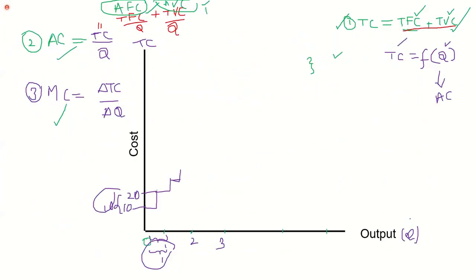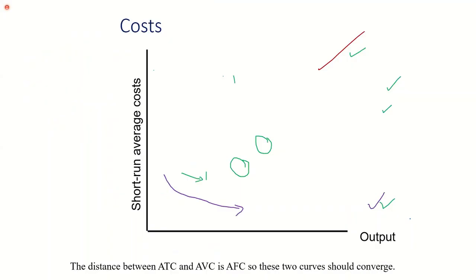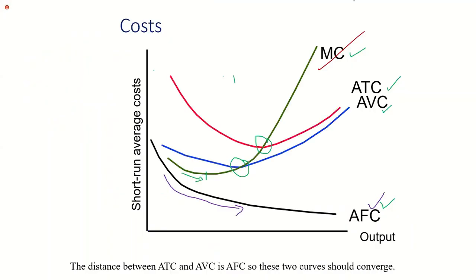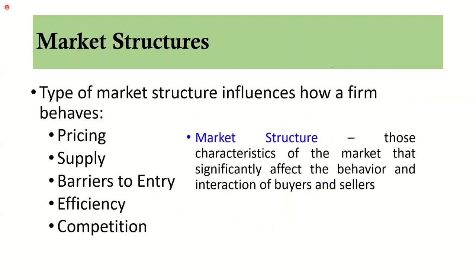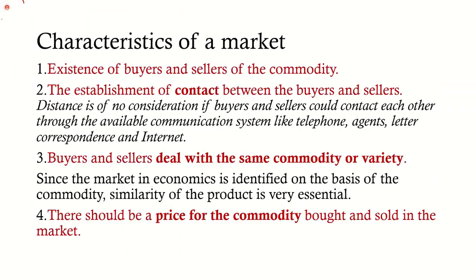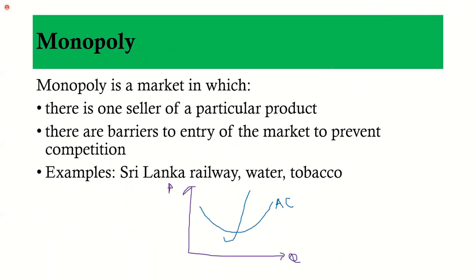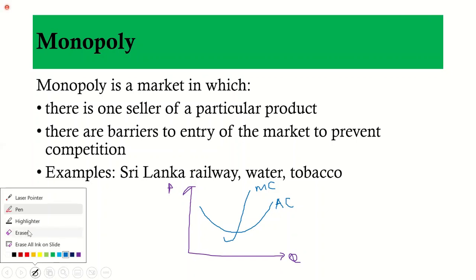Can someone tell me what this is? So I've just taken the average variable cost and the marginal cost. Those two curves are here. So average cost and the marginal cost. Right? So those two costs. And what else do we need to identify the pricing?